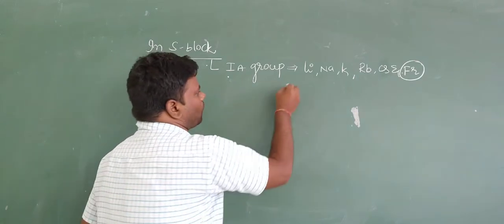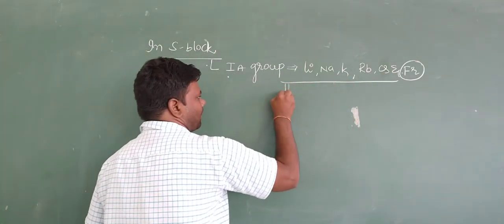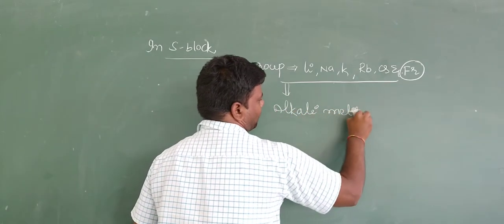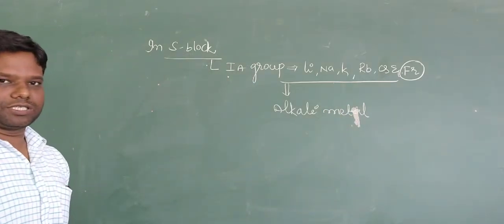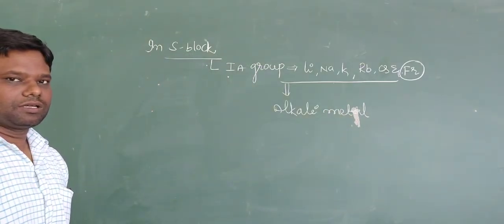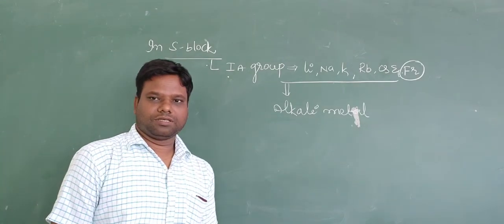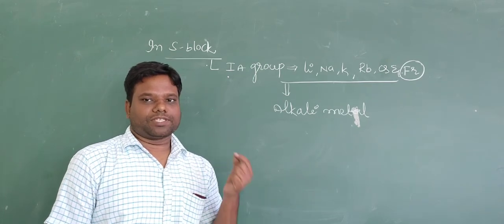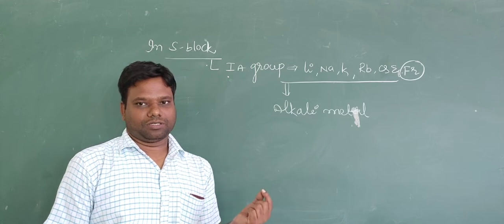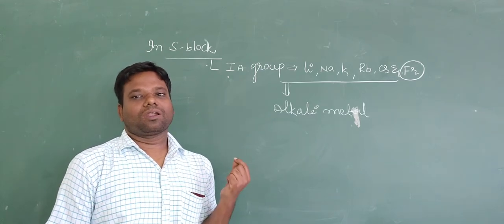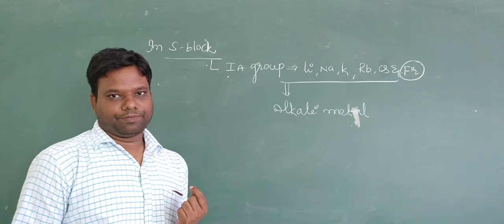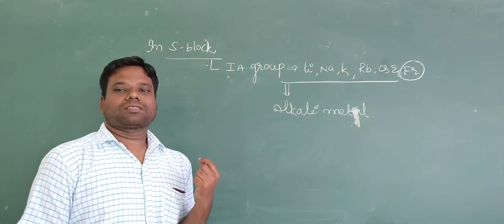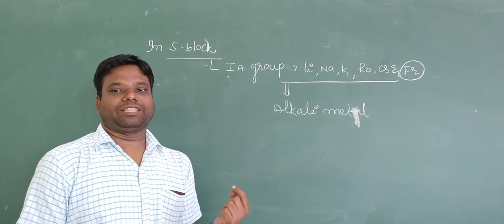These elements are also called alkali metals. Why are they called alkali metals? Because hydroxides of first A group elements form by reaction with water. That's why they are called alkali metals.